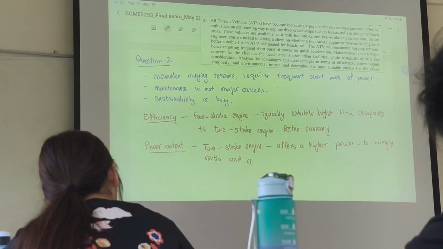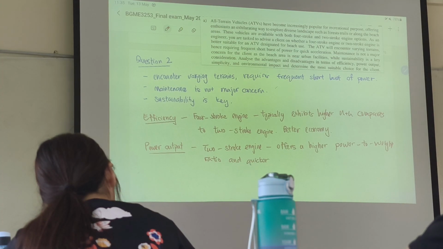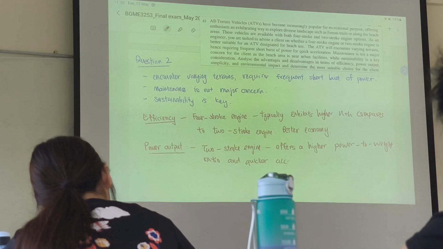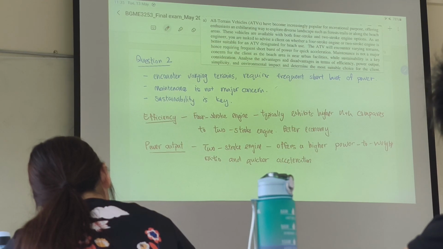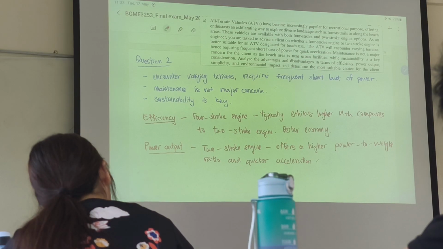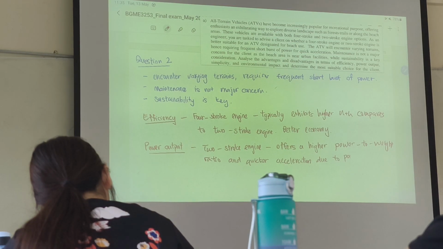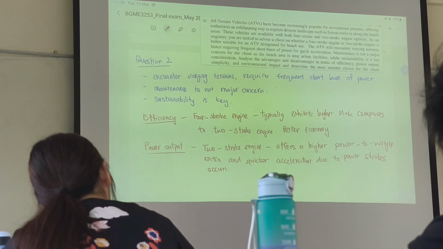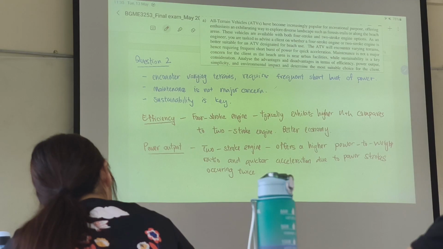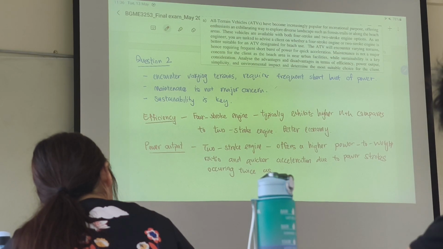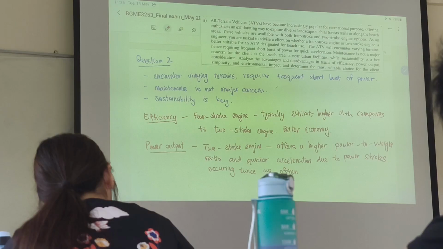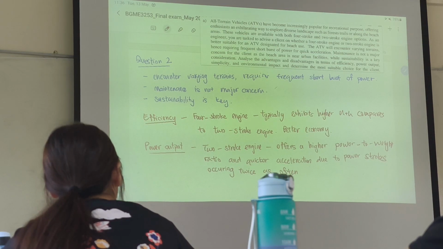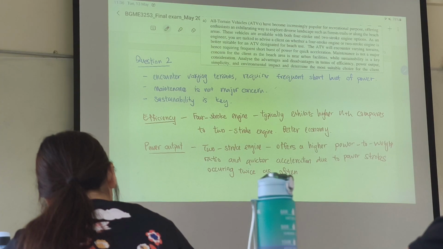And also quicker burst of power, and maybe let's say quicker acceleration. So this was actually mentioned in the question as well. Due to power strokes occurring twice as often. So two-stroke engine will provide you more quick short bursts of power because it only needs one cycle for one power output compared to four-stroke.